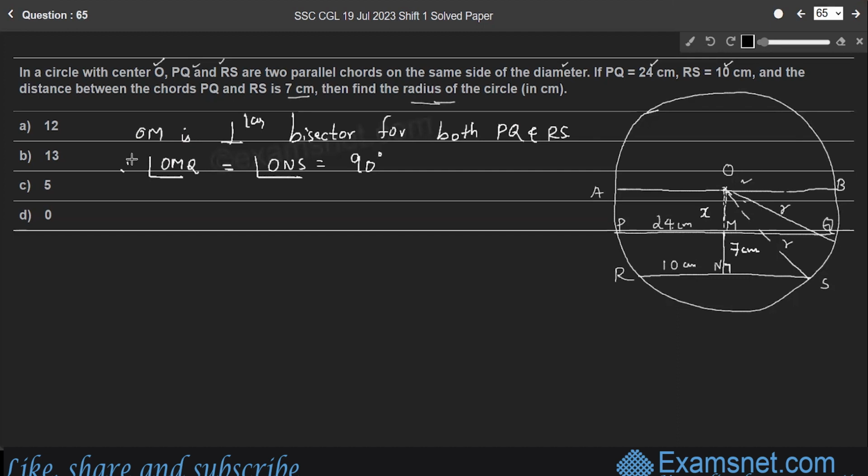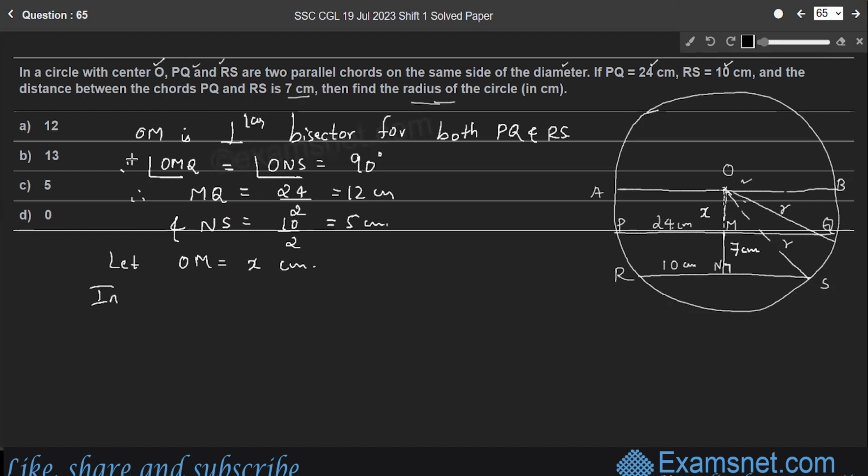Since OMN is a perpendicular bisector, it divides the chords into two equal parts. Therefore, MQ is equal to half of PQ, which is 24 by 2, which is 12 centimeter, and NS is half of RS, which is 10 by 2, which is 5 centimeter. So let OM be equal to x centimeter.